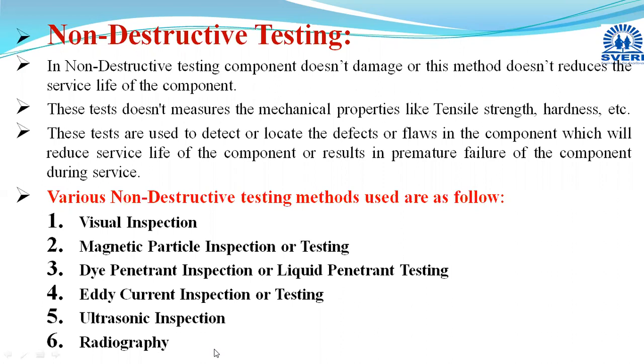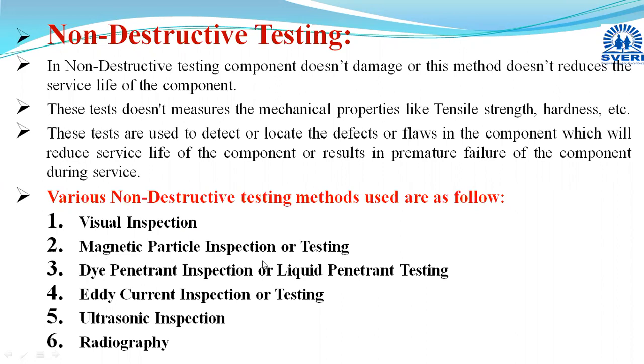Now to do this non-destructive testing, generally we are using 6 methods. Those 6 methods I have highlighted in this slide. The first method is visual inspection. Then magnetic particle inspection or magnetic particle testing.